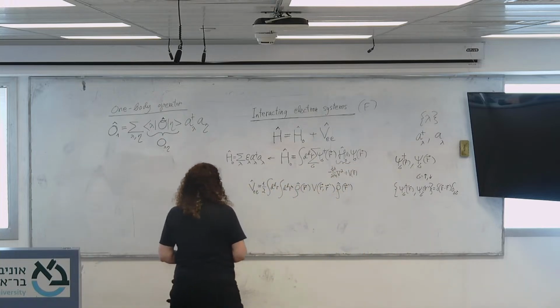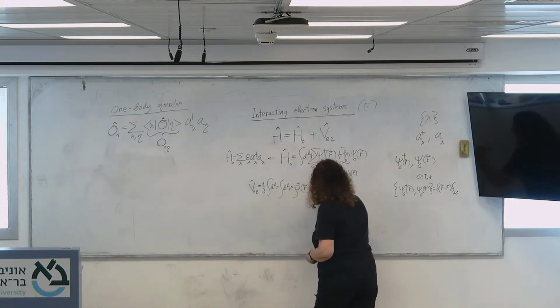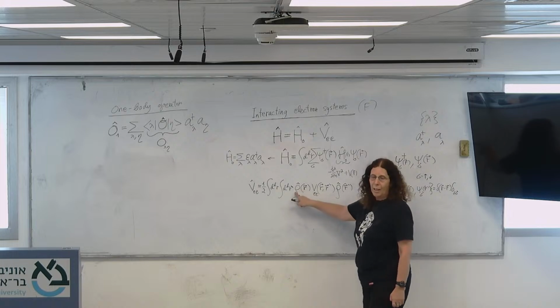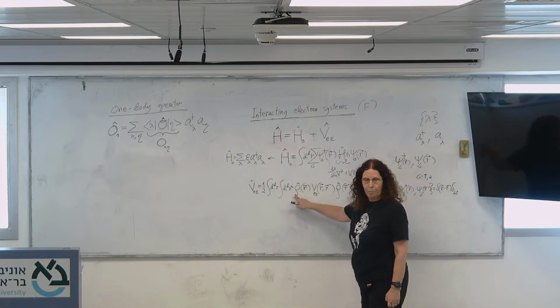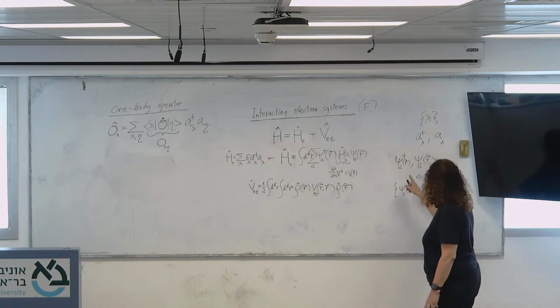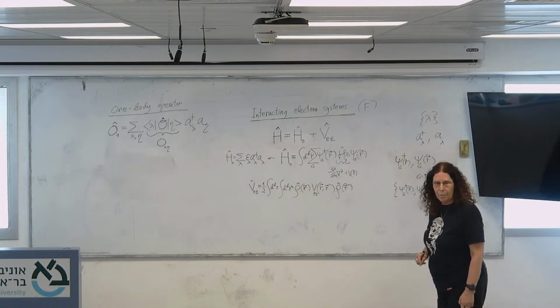And rho is the density operator, which I want to represent in terms of the psi and psi dagger.